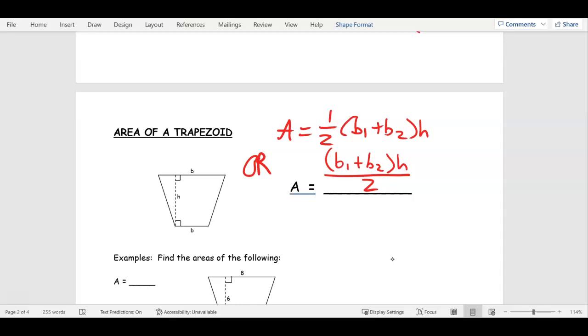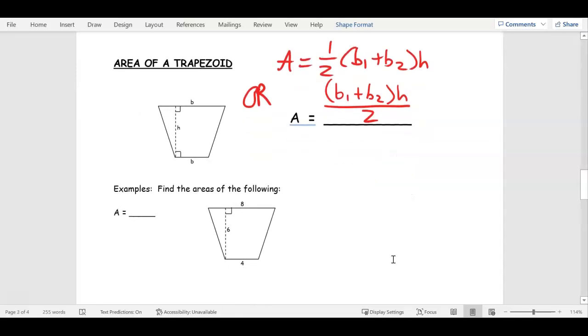Same thing. On this example, B1 and B2 are the bases that are parallel, okay? I don't want to always say top and bottom because if it's rotated, it won't look like that, but it's the ones that are parallel to each other. So in this case, 8 and 4, those measurements are on parallel sides.